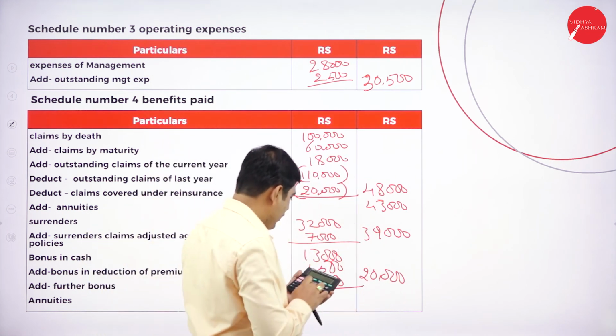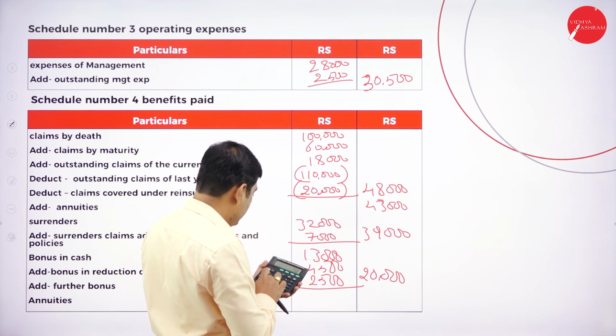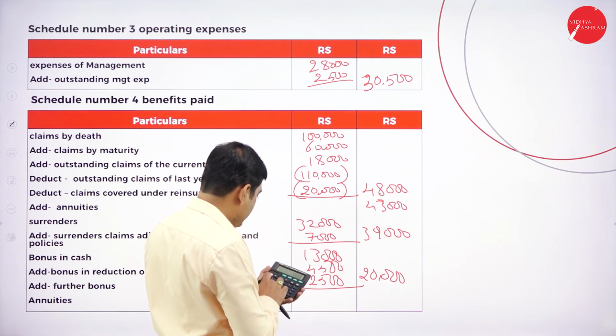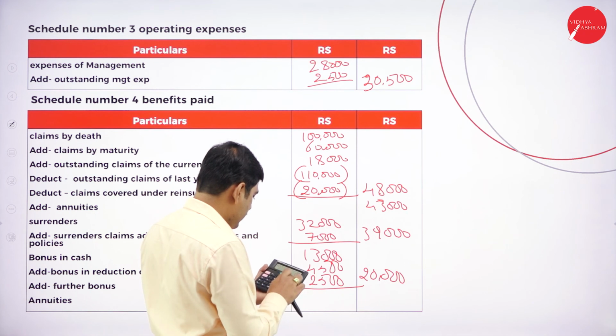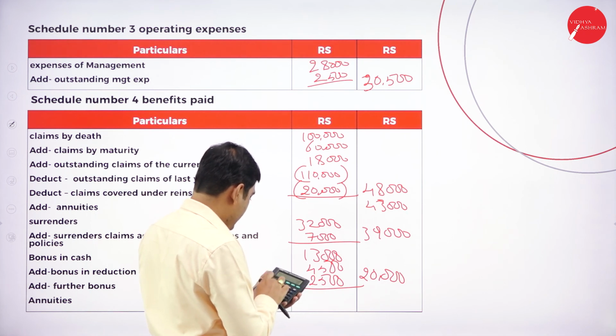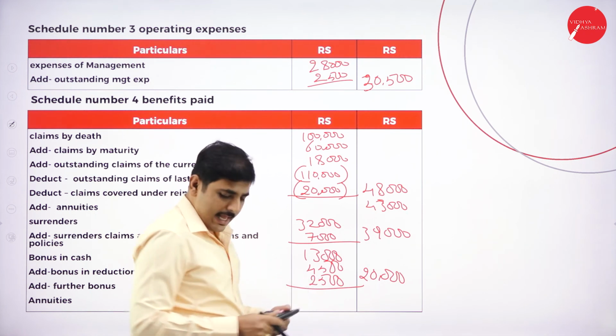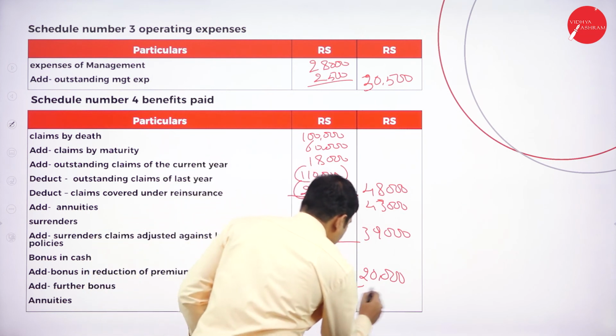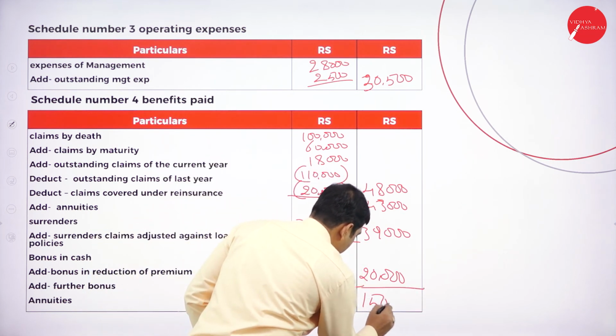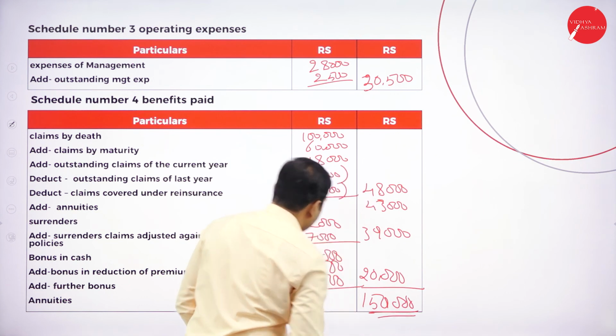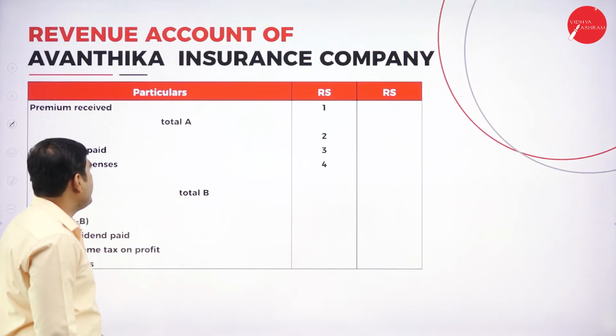Now add all the amounts: 20,000 plus 39,000 plus 43,000 plus 48,000. We get 1,50,000. The grand total is 1,50,000. So this is the total benefits paid.